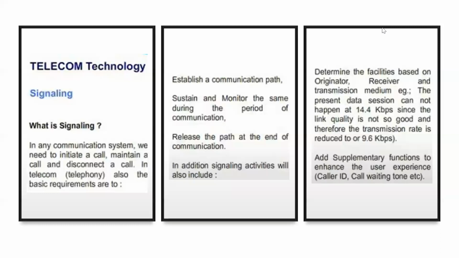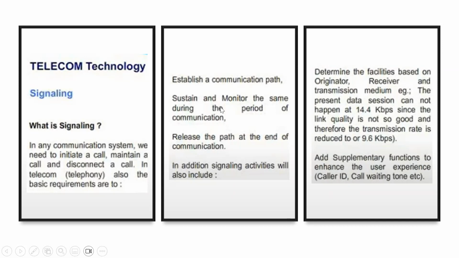In telecommunication, the basic requirements are establishing a communication path, sustaining and monitoring the same during the period of communication, and releasing the path at the end of communication. For example, when we are calling someone, we need to establish the communication path.